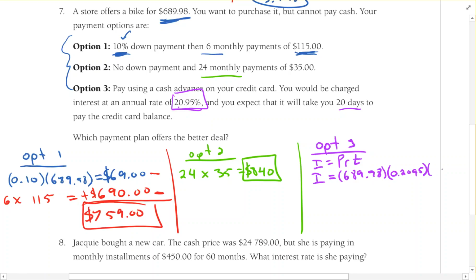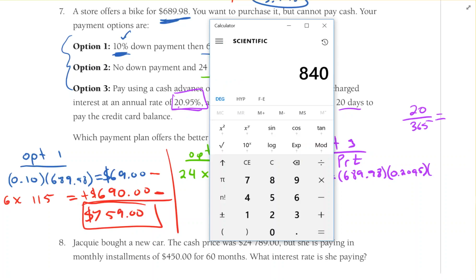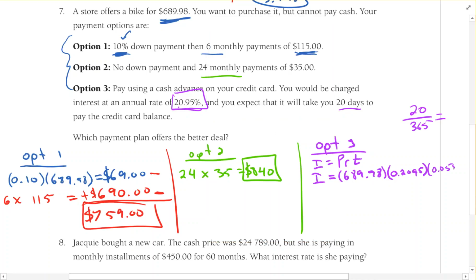And then our time, it says 20 days. Well, this needs to be in years though, right? So we're going to go 20 divided by 365. So it's going to be 0.055. And then multiply all that together. That's going to be $7.92.